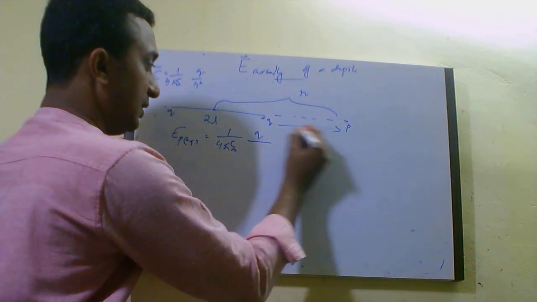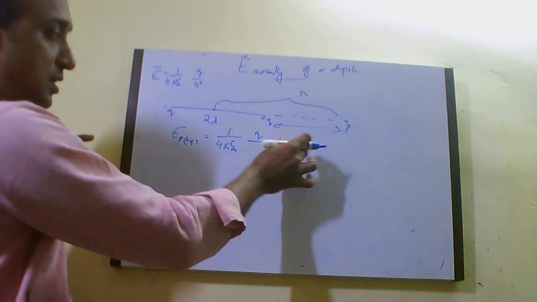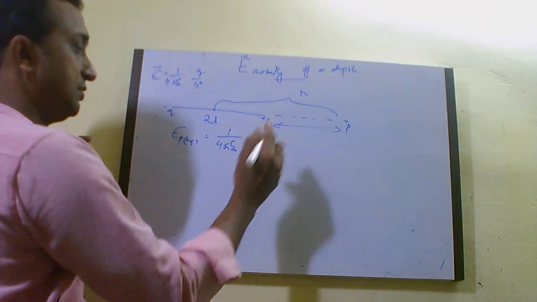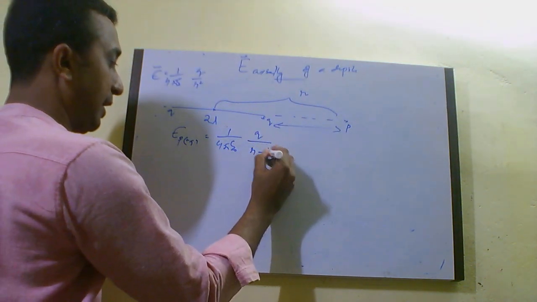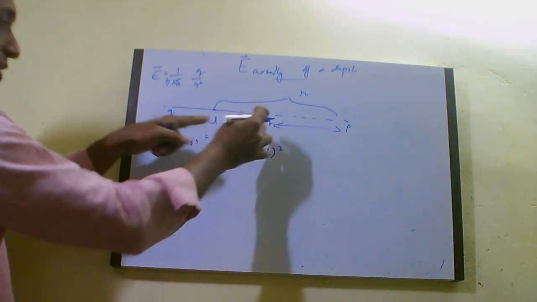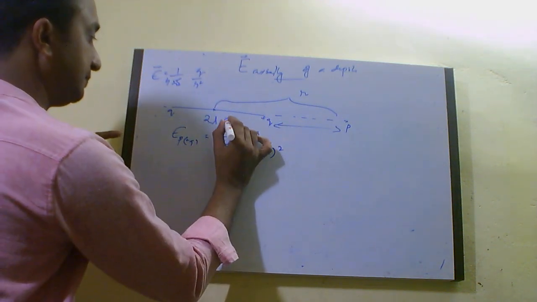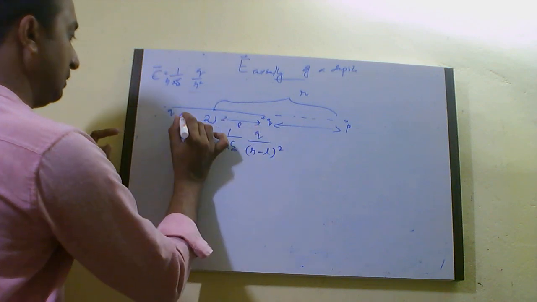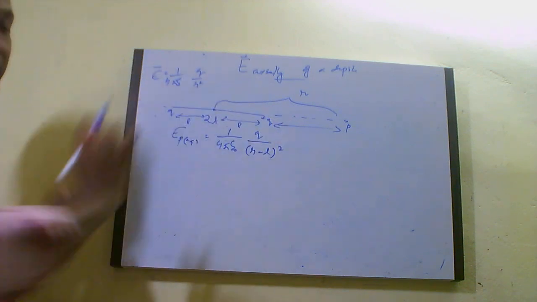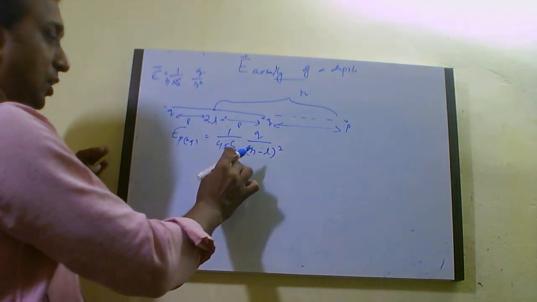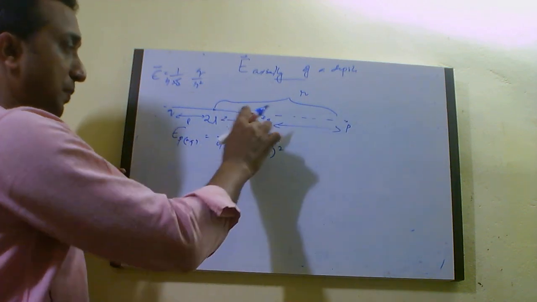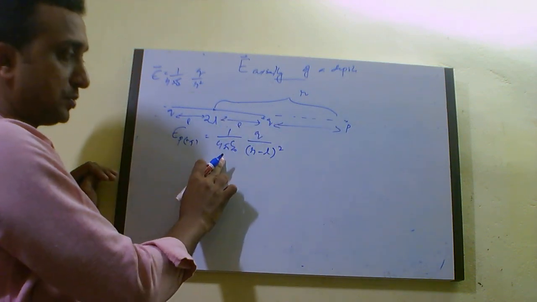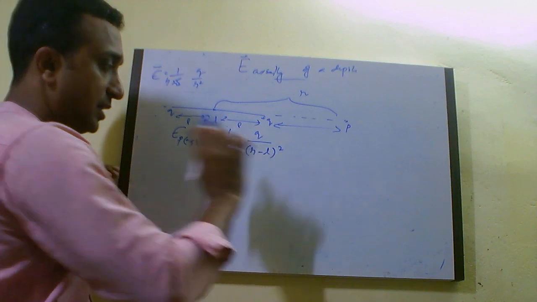Don't write this r square, this is the distance. So this distance will be equal to r minus L the whole square, because this much is L and this much is also L, so that is why it makes 2L. So E at P due to plus Q is equal to 1 by 4 pi epsilon 0 Q by (r minus L) the whole square.